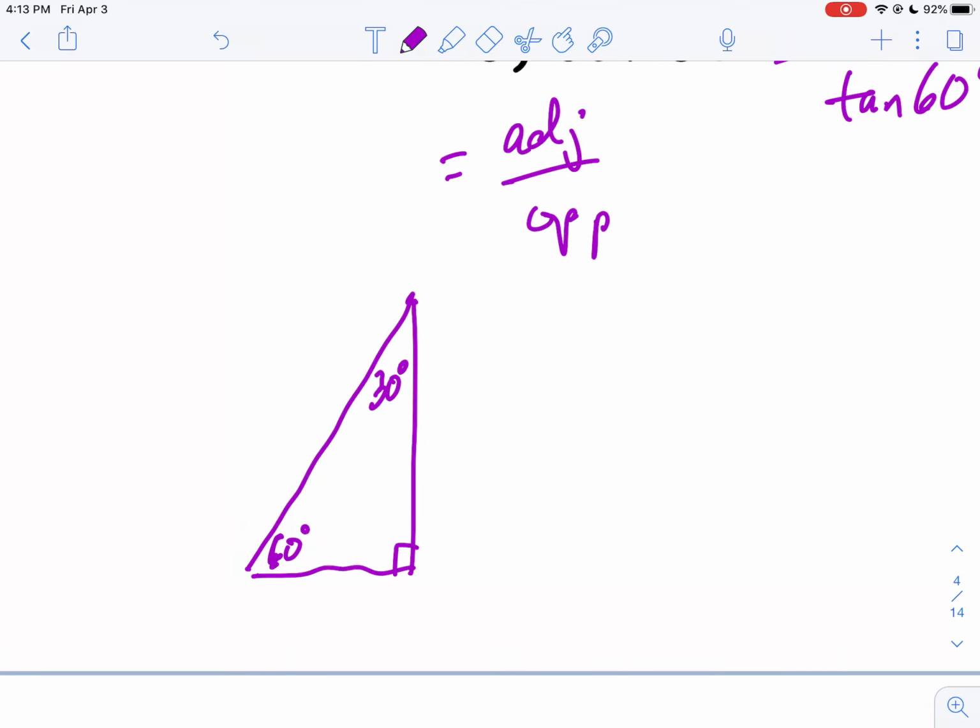We can use any 30, 60, 90, so why not use the easiest one? Do you know what the ratio of the sides will be? Hopefully you're thinking easy as 1, 2, square root of 3. And do you know where the 1, the 2, and the square root of 3 go? The 1 is opposite the 30. 2 is the hypotenuse. Remember, this is half. And then square root of 3.